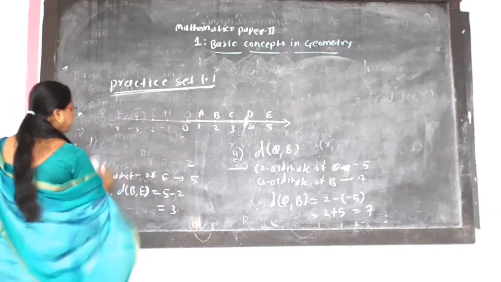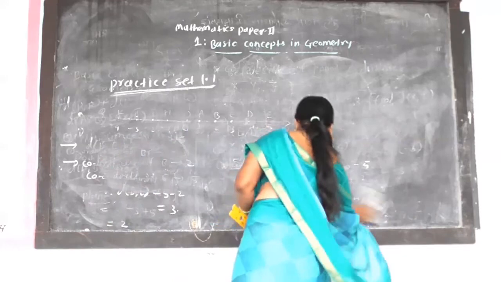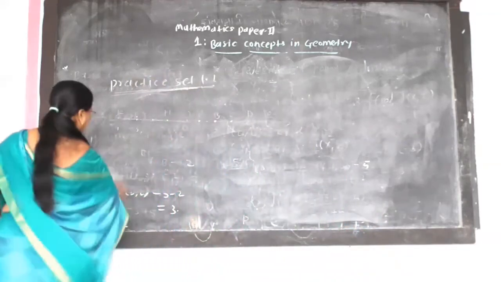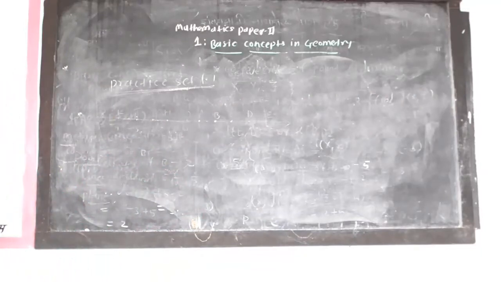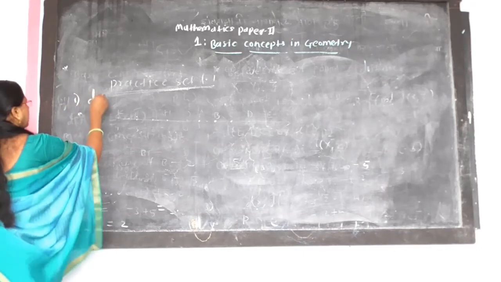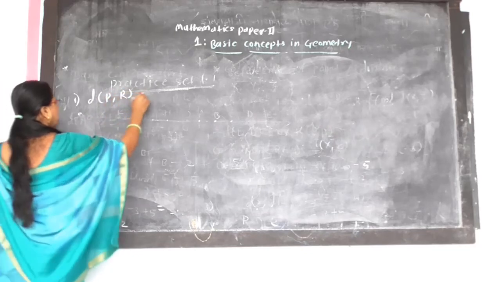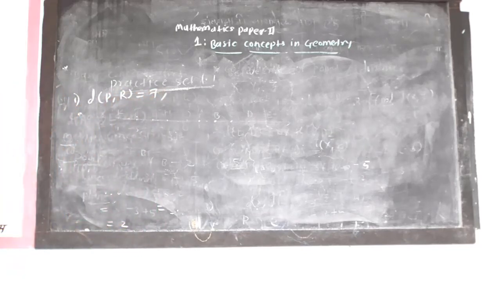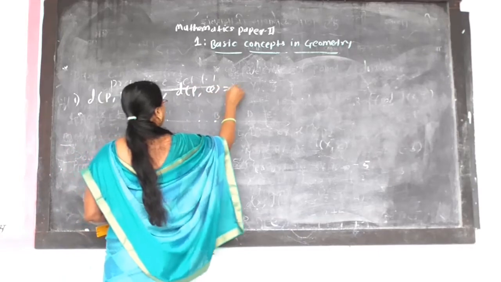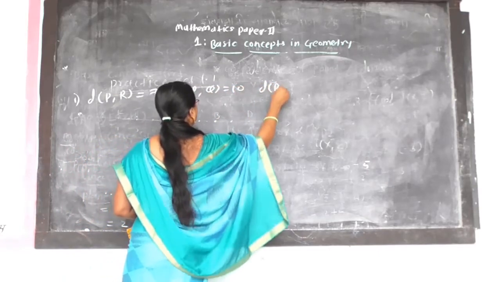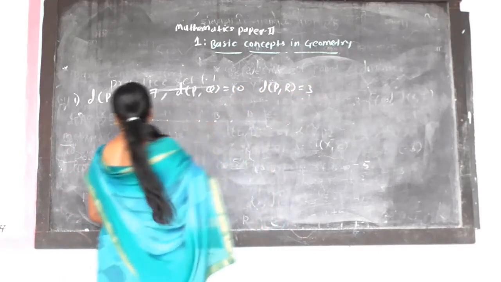Then next question: find which points are collinear. First, distance PR equals 7, distance PQ equals 10, distance QR equals 3.